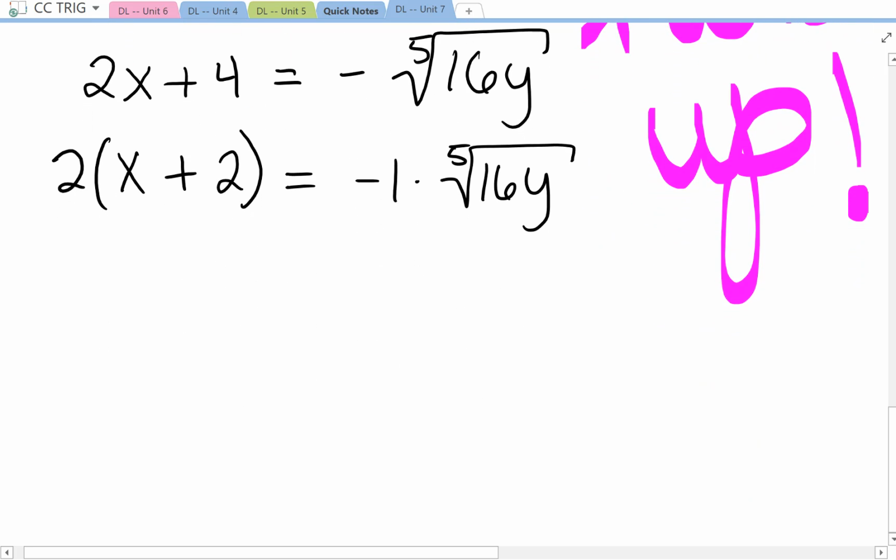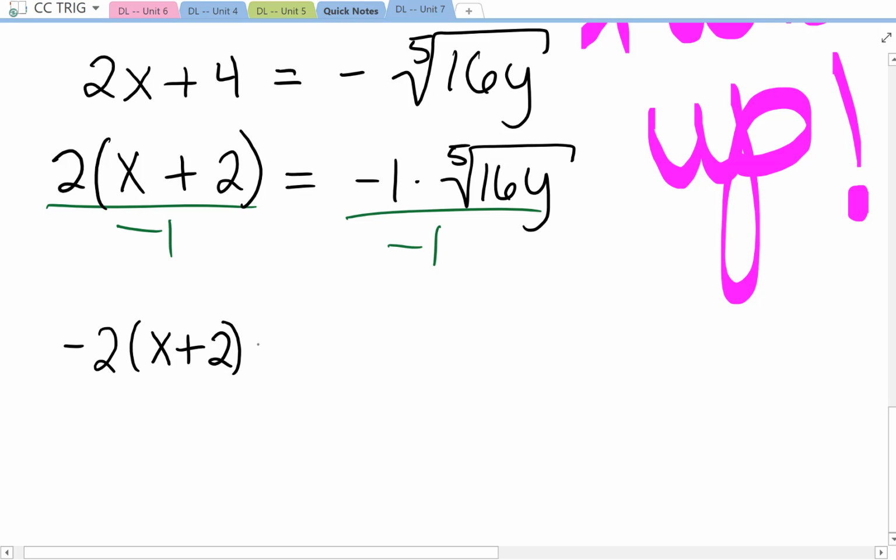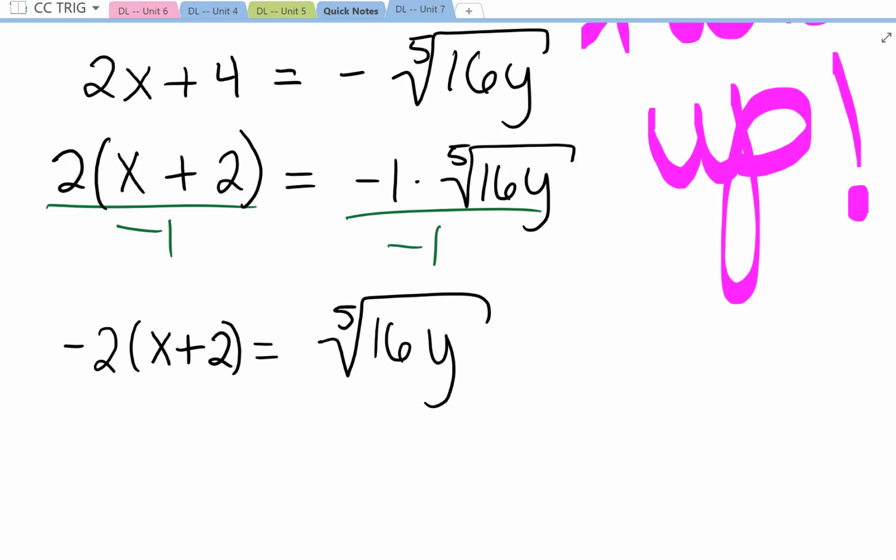Now I'm going to divide by negative 1 to get it onto this side. That is negative 2 quantity x plus 2 equals fifth root 16y. Okay, everything on the right side is being fifth rooted, so let's put it to the power of 5.